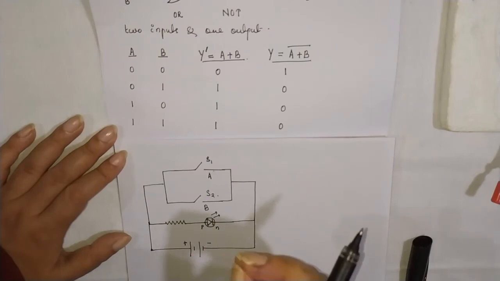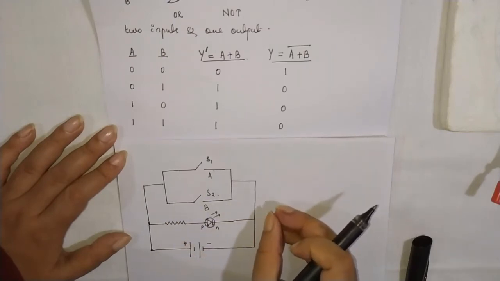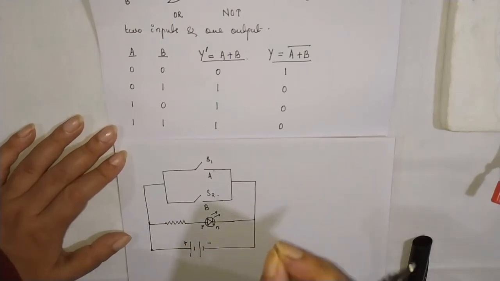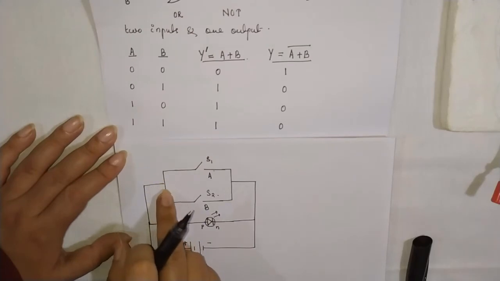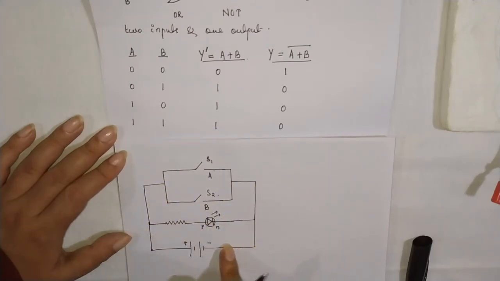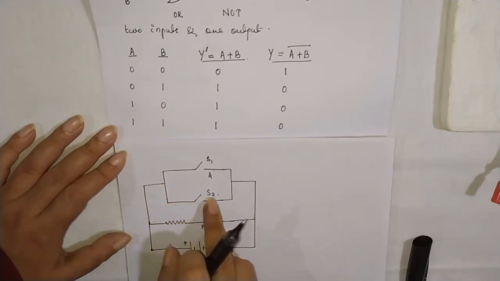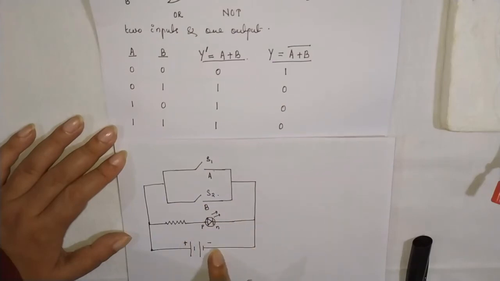The current always flows in the less resistive path. So the current being supplied by this source is going to flow across here, that means across this branch. You see my hand, in which direction I am pointing.